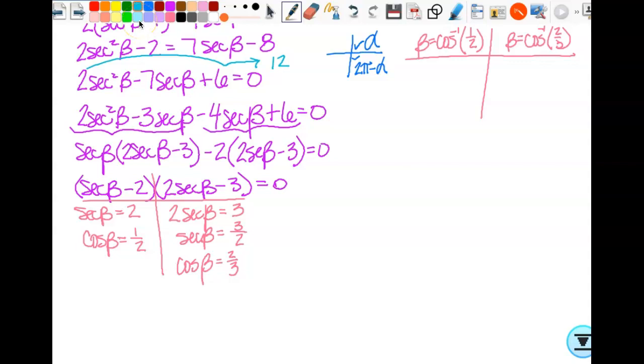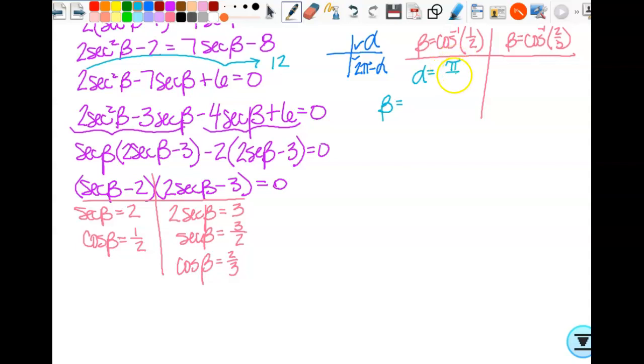Okay. So here, find your alpha and your betas for this first one. What is the cosine inverse of 1/2? Pi-thirds.